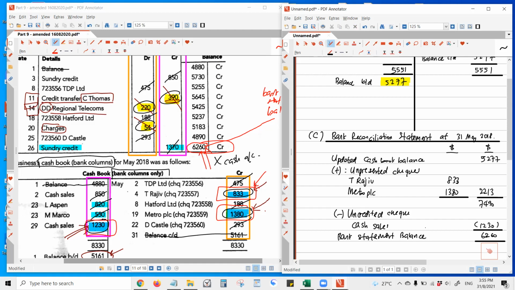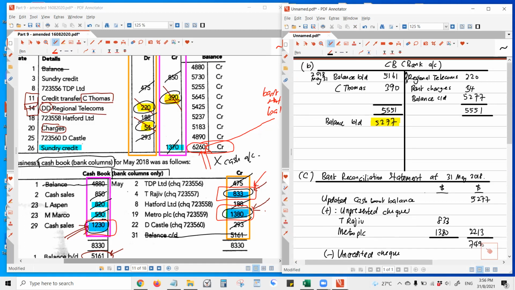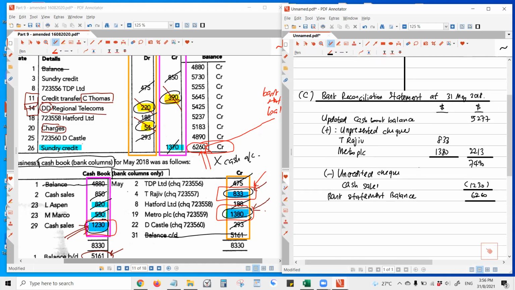Then I tell you what questions you can practice as homework. Okay, good. So that concludes our lesson on bank reconciliation. The first step is always to do the updating first: updating the cash book with things that appear in the bank statement but do not appear in the cash book yet. After doing the updating, then you will be asked to do bank reconciliation statement.